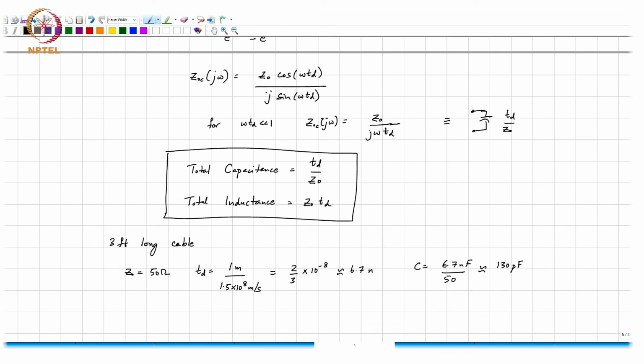What is the inductance? What is your estimate of the inductance? 50 times 6.7 nanoseconds, which is about 330 nanohenries.